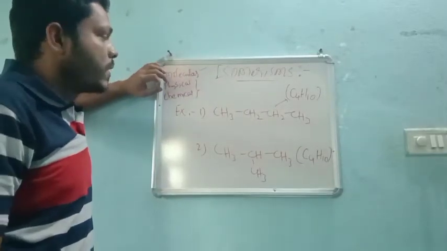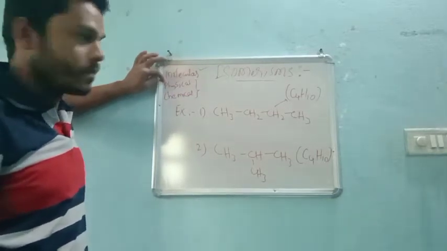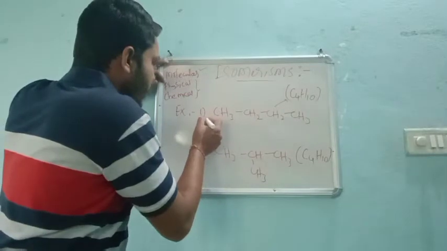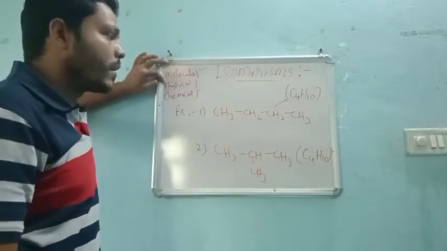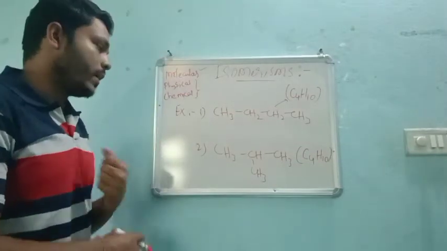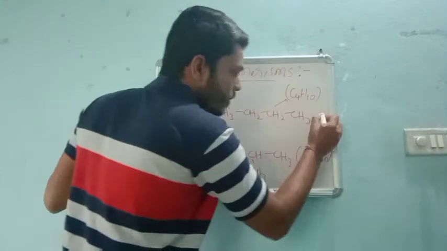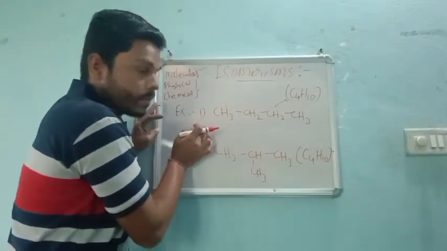Now see, first I will give you a difference. Compare the first compound with the second. There is a big difference, right? What is that big difference? Consider the straight chain in the first one.